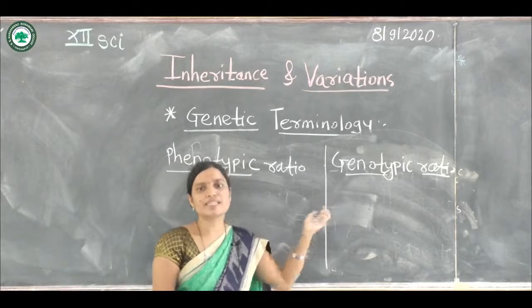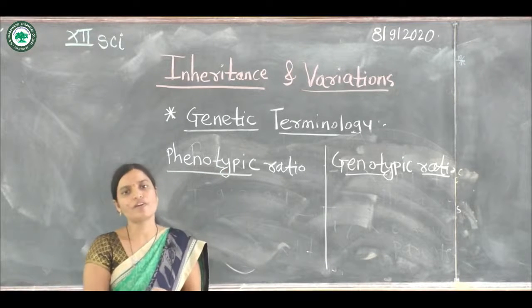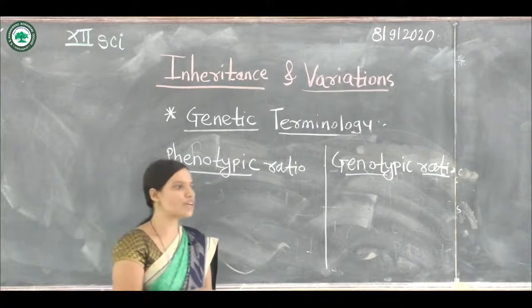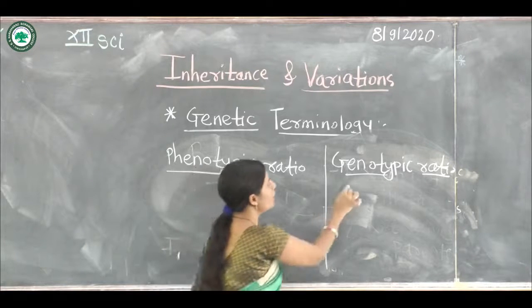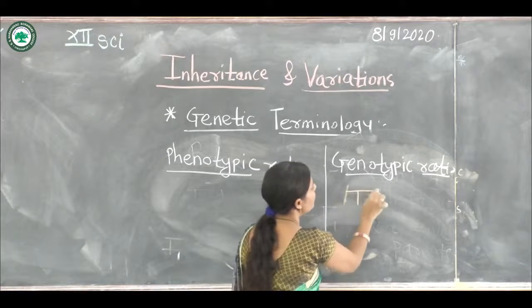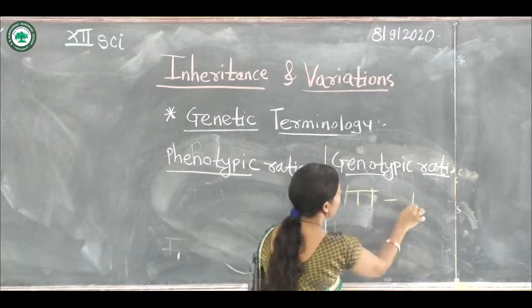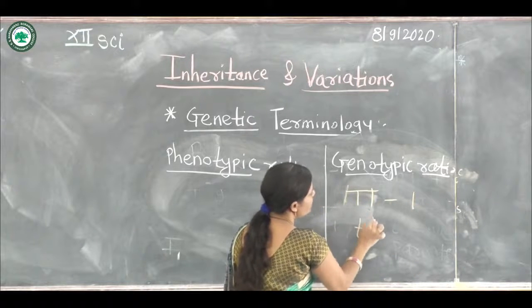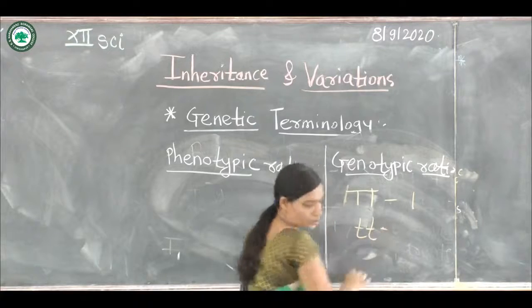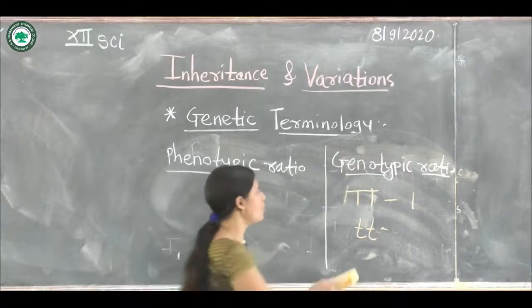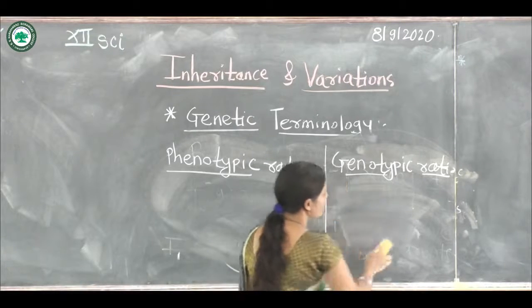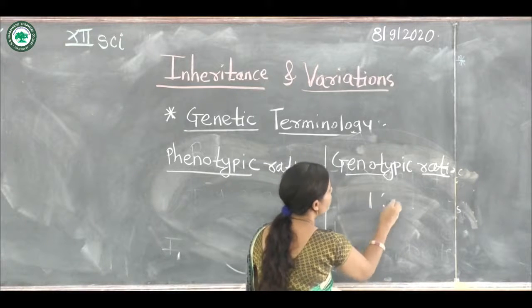Genotypic ratio means the genetic constitution of an individual. For example, in a monohybrid cross, the genotypic ratio is 1:2:1.